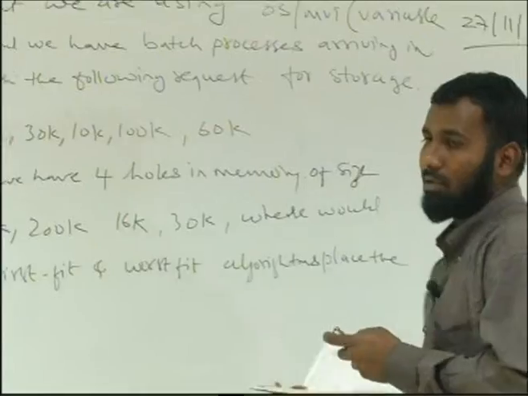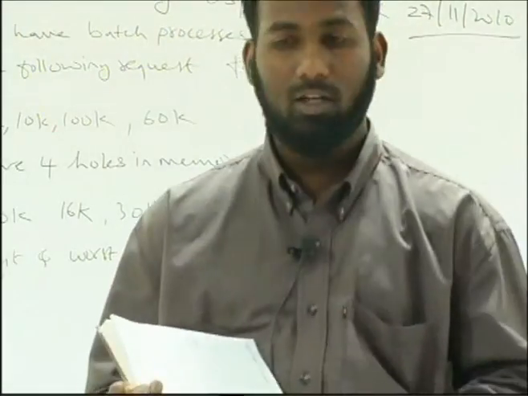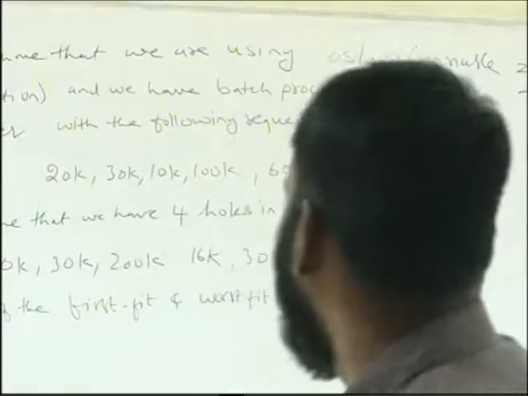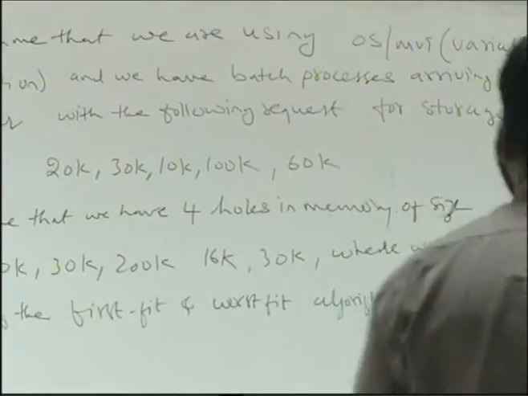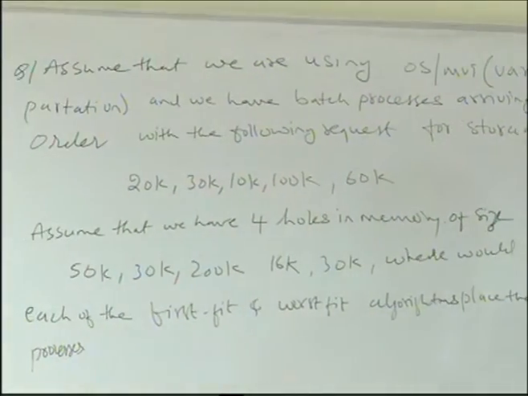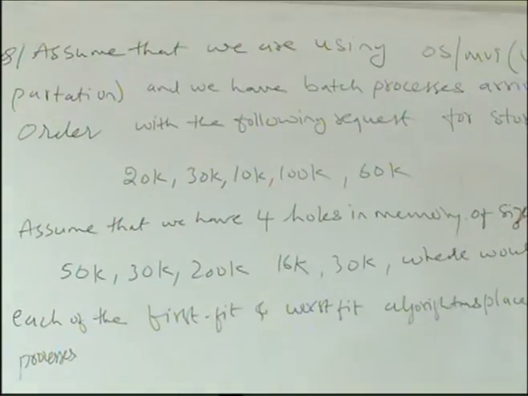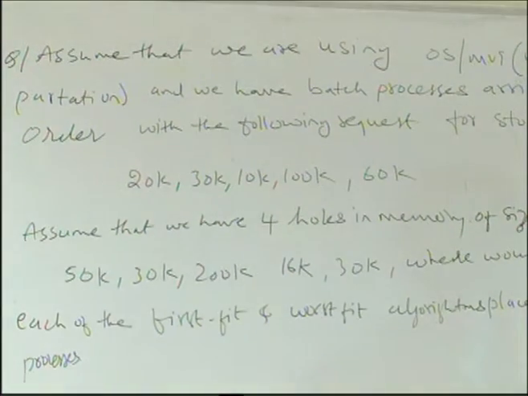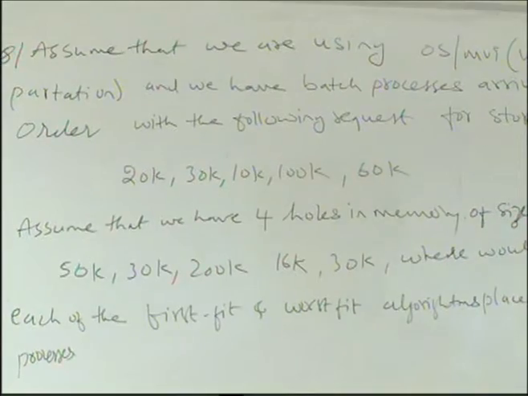Okay. So now let's solve this. Assume that we are using an operating system with variable partition, and we have batch processes arriving in order with the following request for storage.